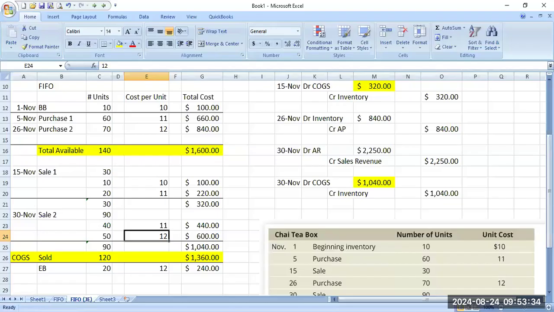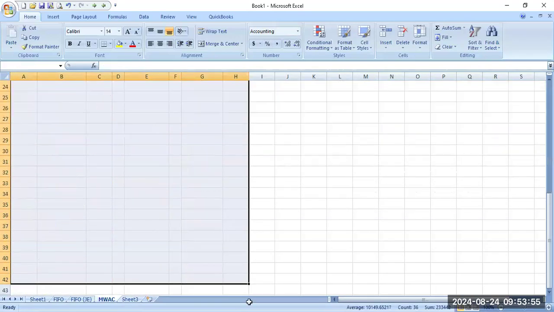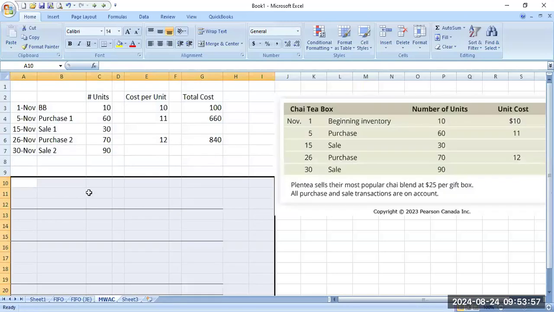Of course, we do have to do some adjustments. Before I do those adjustments, I'm going to copy my original with the first in, first out, and I'm going to call it moving weighted average cost. At this point, I'm going to erase all this information because now it's irrelevant.